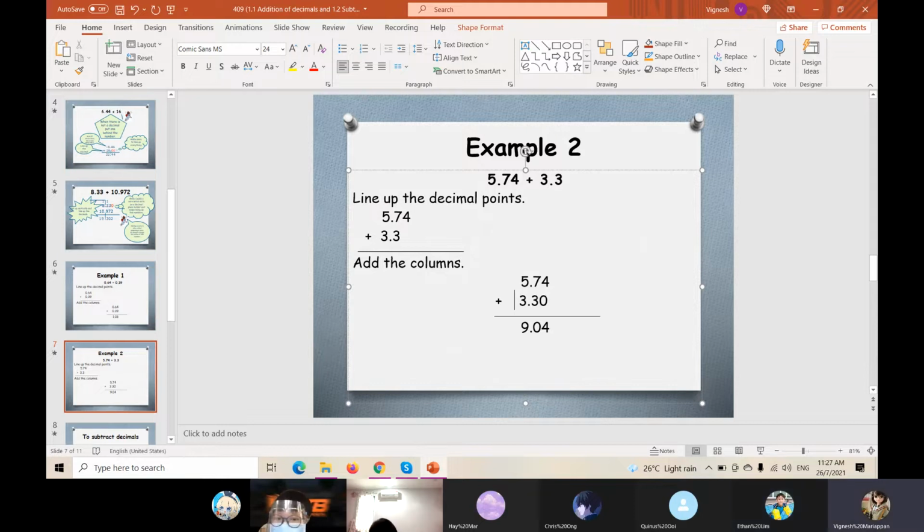So you have to line up the decimal first, and then add up one by one. If under the 4 we don't have anything, please add the 0. 4 plus 0, 4. 7 plus 3, 10. So you carry the 1. 5 plus 3, 8 plus 1, 9. 9.04. Understand or not?